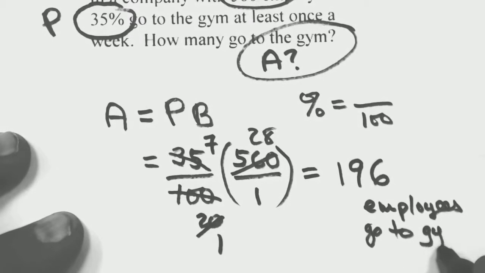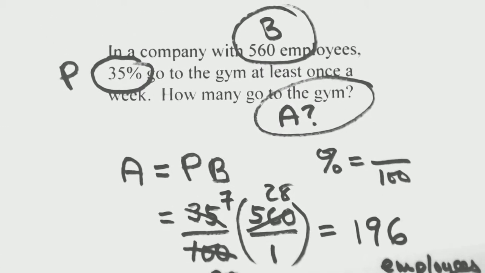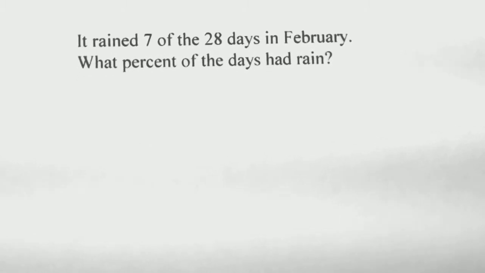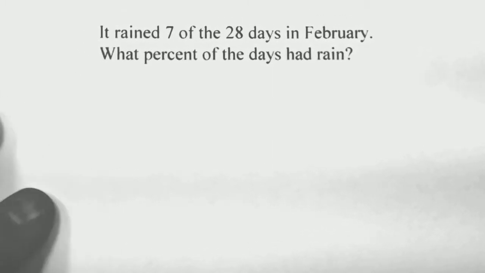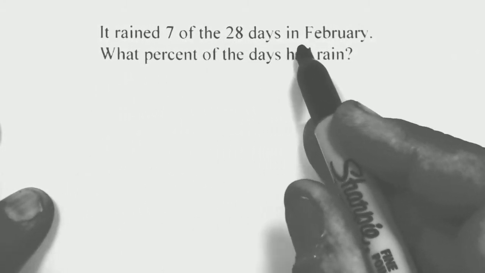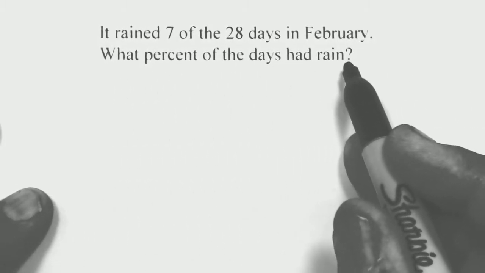So again, remember to label your final answer, but again, by correctly identifying everybody, we are able to set this up really nice. Okay, well, here we are. Another problem like this. Notice it says it rained 7 of the 28 days in February. What percent of the days had rain?